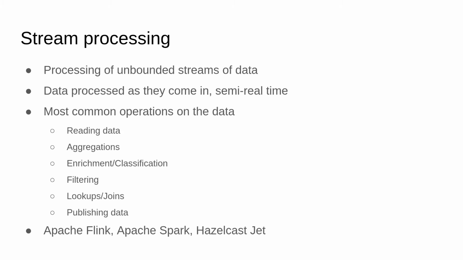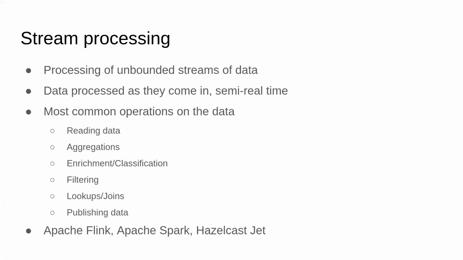And the data is usually processed as it comes in, in semi-real time. Typical latencies range from milliseconds to hundreds of milliseconds. And if you need strong guarantees about storage, then in the worst case, you can reach a latency of seconds, but it's a rare case.